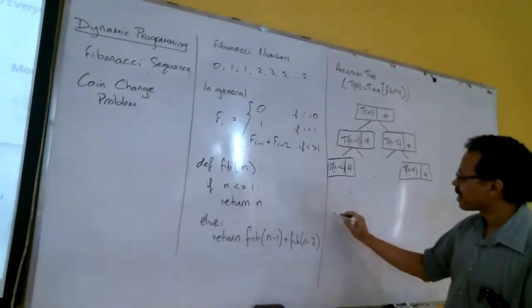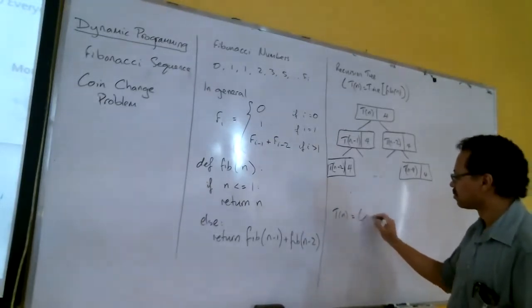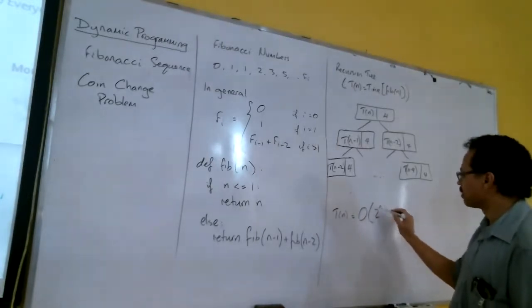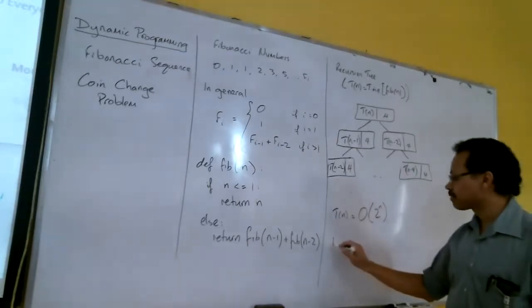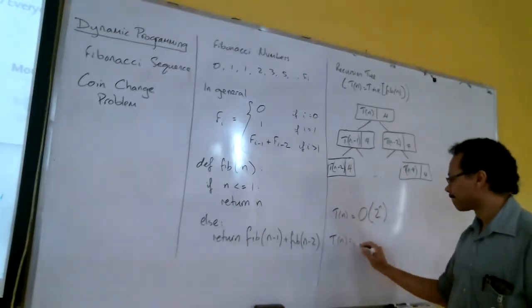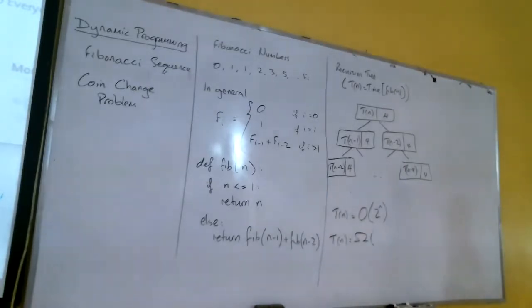So yes, you're right that T of n is upper bounded by 2 to the n. Can anybody tell me what it is lower bounded by using a similar kind of reasoning? 1.5 to the n. How do you get 1.5?